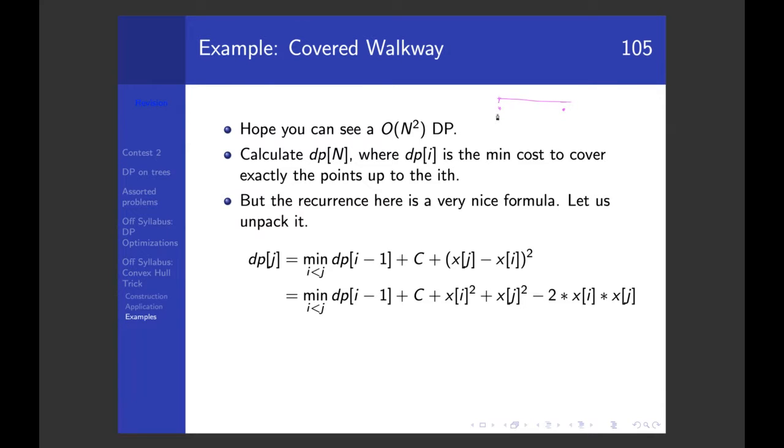We say for each j less than i, it's the cost of building this line segment here plus dp of j minus 1. That's the rest, which is equal to the minimum over j less than i of dp j minus 1, that is the cost of covering everything else, plus the cost of building this line here, which is c plus the distance squared. If you expand that, you get this.